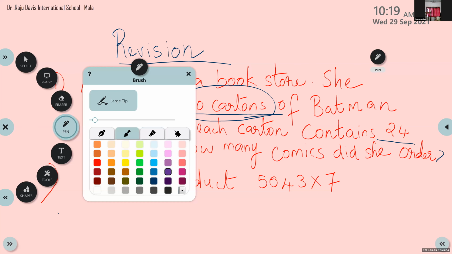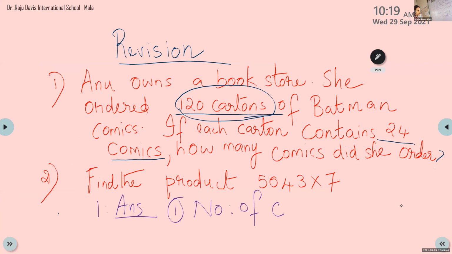Then what will you write next? Number of books in one carton. Okay, number of comics in one carton.